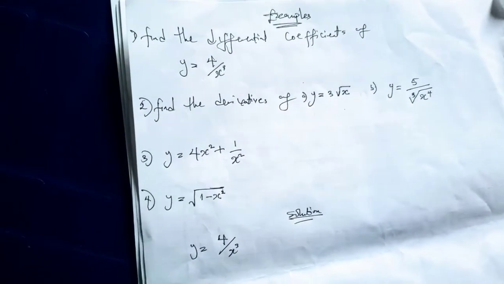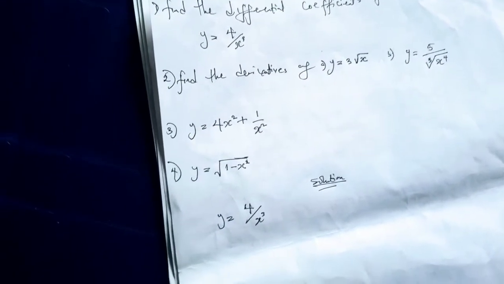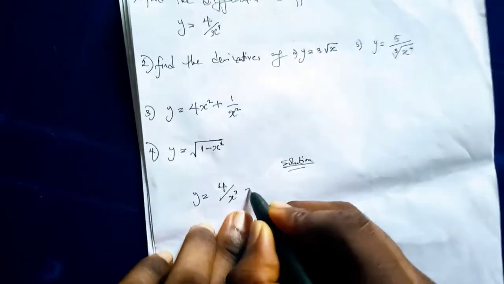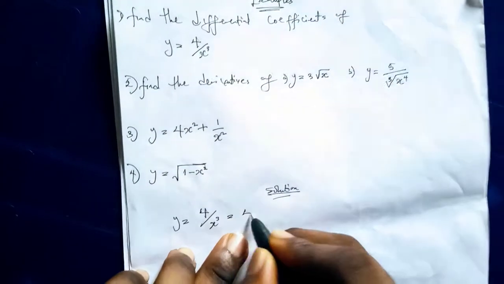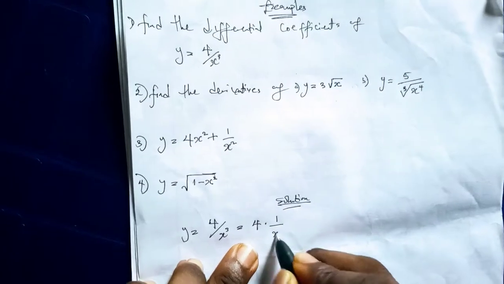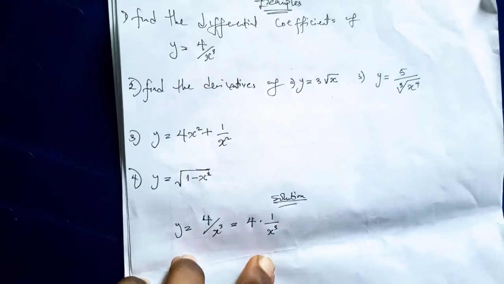Now, what I advise mainly is to break this down to an easy form that we can understand. And I would like to show us that this is equal to 4 times 1 over x raised to power 3.